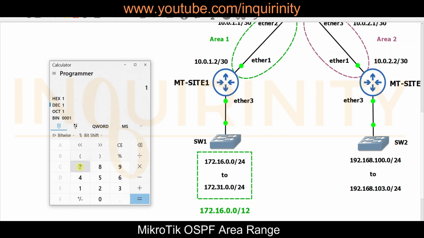How about 17? It is 0001, then 3 zeros and a 1. So notice the first 4 bits haven't changed. In fact, up to 7 bits haven't changed, and it changes on the 8th bit. So for 16 and 17, the first 7 bits haven't changed.